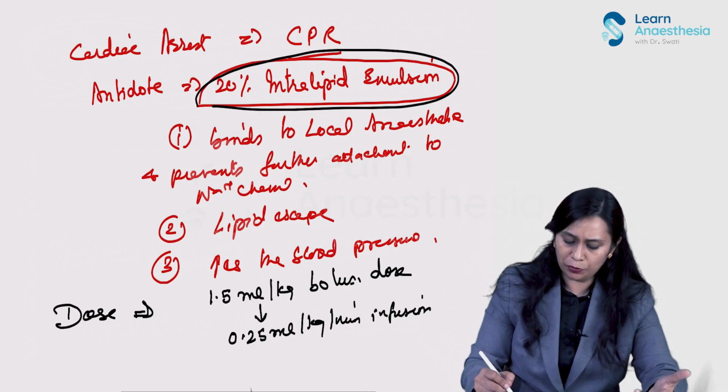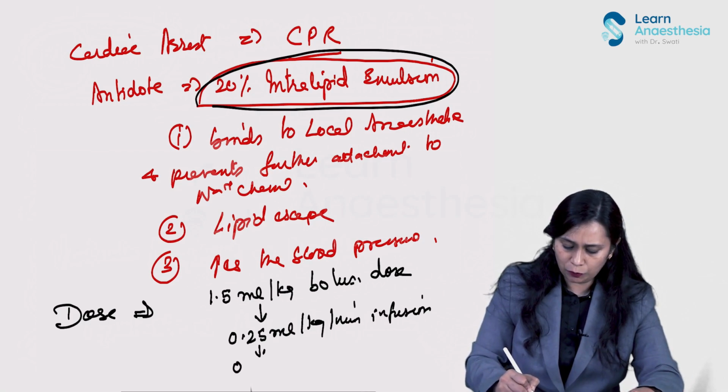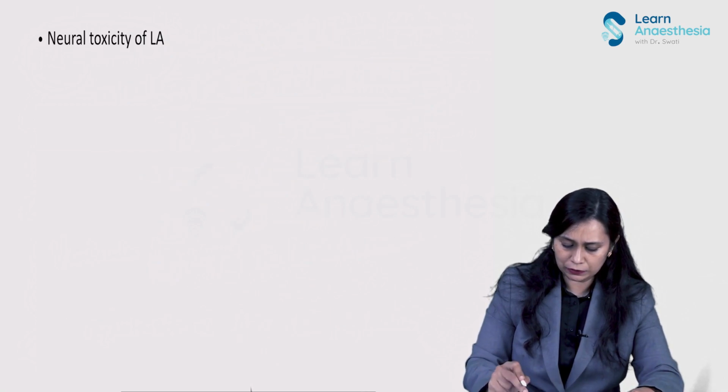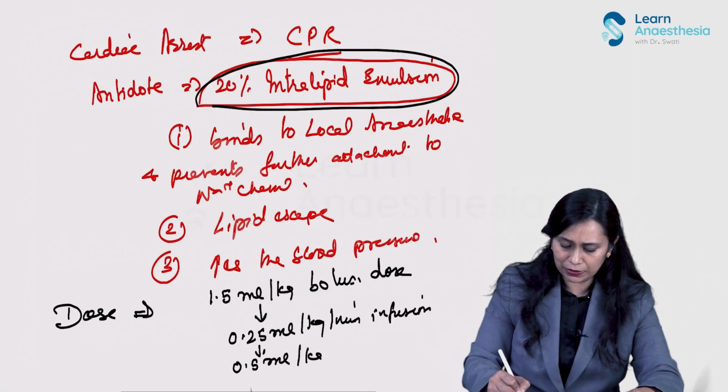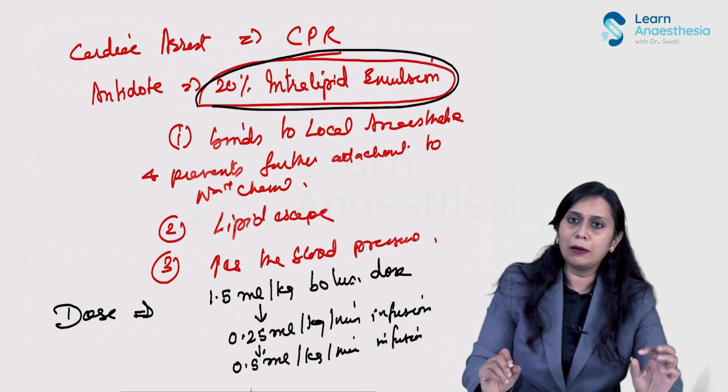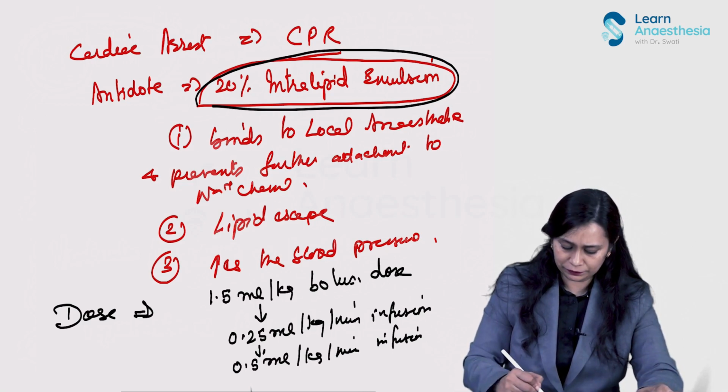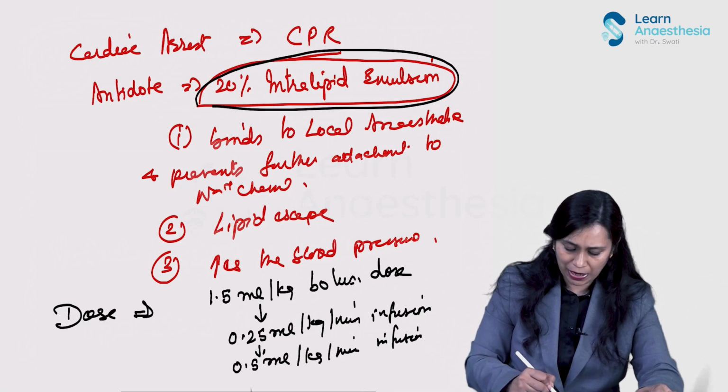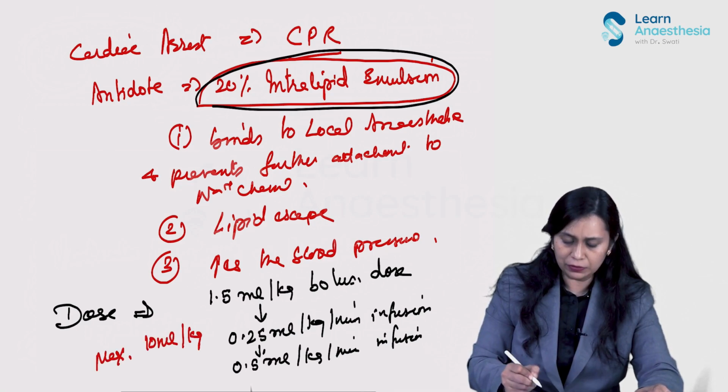If the patient is not improving, we can increase to a 0.5 ml per kg per minute infusion. We can go on increasing. The maximum which we can give is 10 ml per kg body weight in 30 minutes.